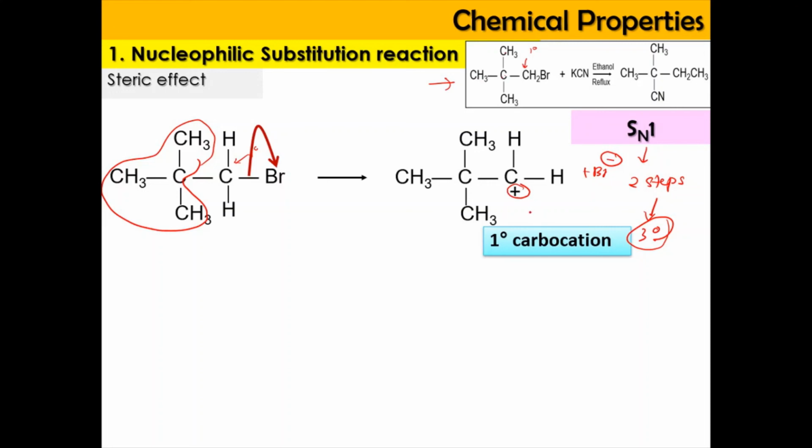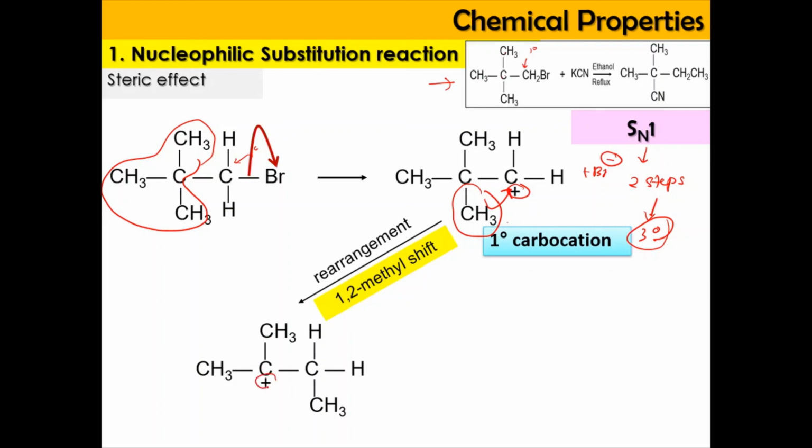This is not good, so what we're going to do is a rearrangement. We bring the CH3 group to the right-hand side, and this process is known as a 1,2 methyl shift. As we bring the methyl group to the right-hand side, the positive charge now has three alkyl groups, so it is going to be a tertiary carbocation.